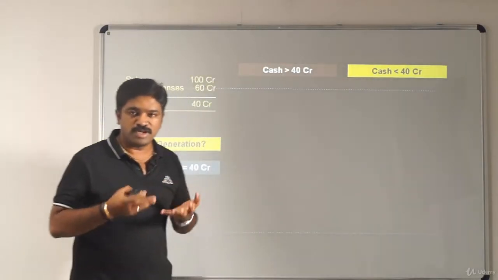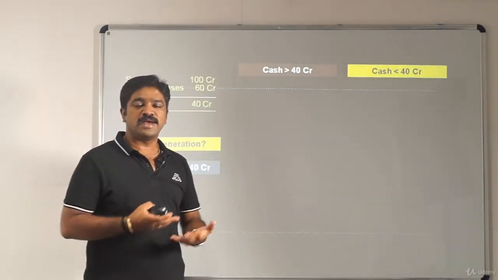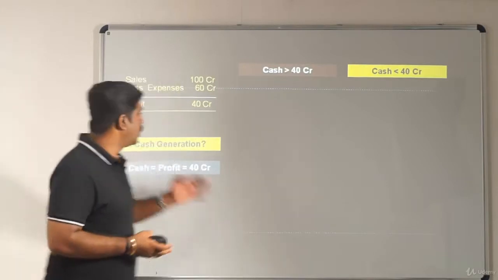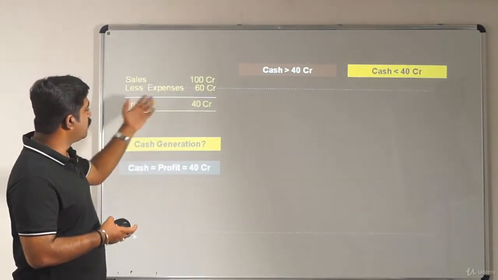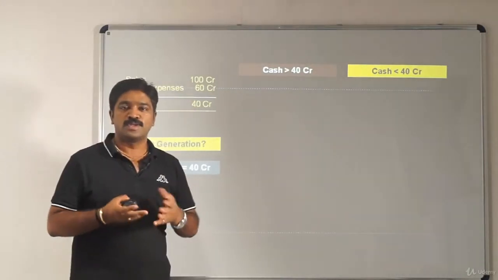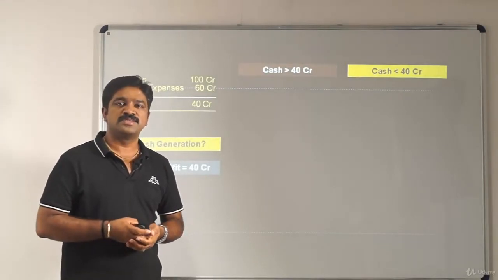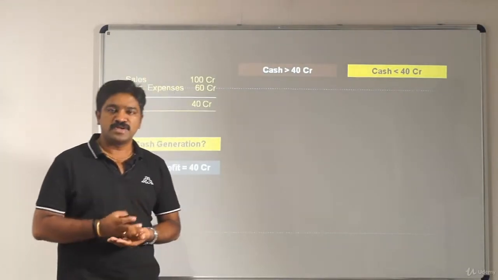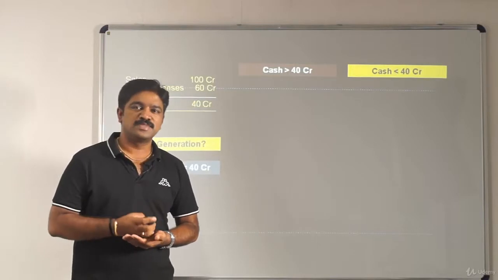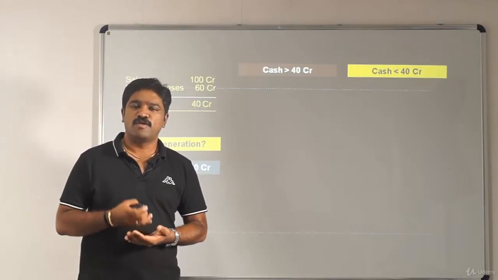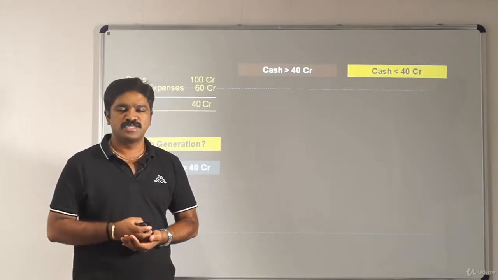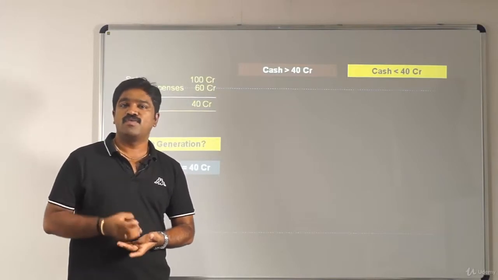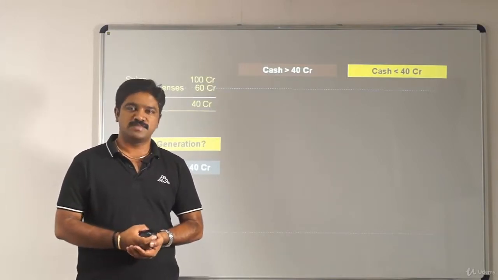And why could you not say clearly what the cash generated is by looking at this income statement, which communicates the profit generated? The answer is that our financial statements, the income statement and the balance sheet, follow accounting conventions and policies, and they provide for various non-cash items as well.